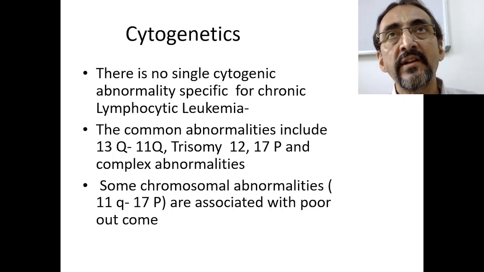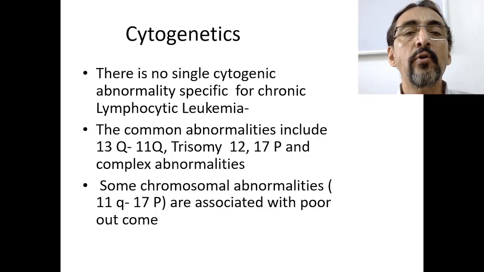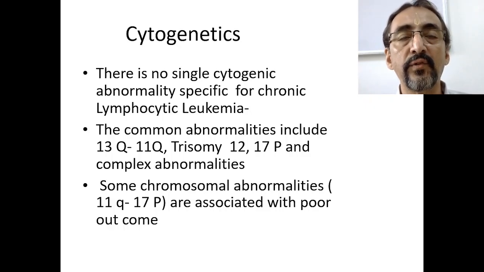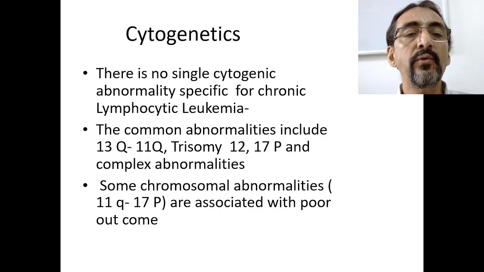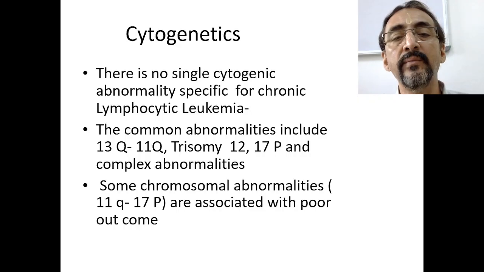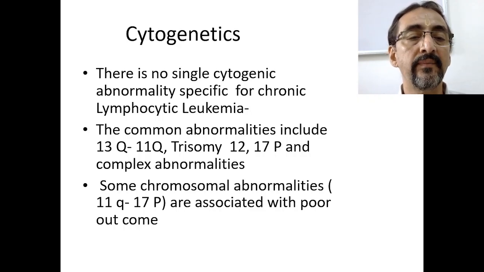Looking into cytogenetics of CLL, there is no single cytogenetic abnormality specific for chronic lymphocytic leukemia. The common abnormalities include 13q, 11q, trisomy 12, 17p and complex abnormalities.